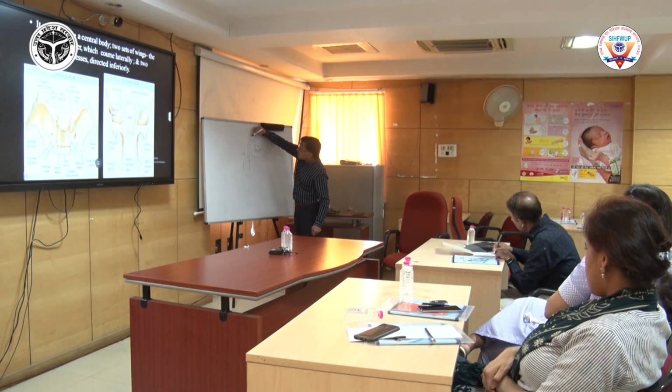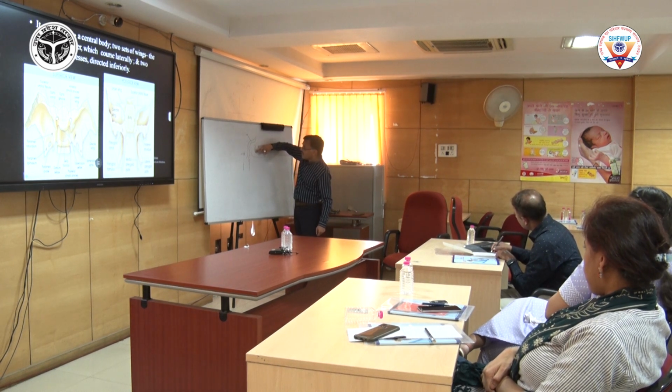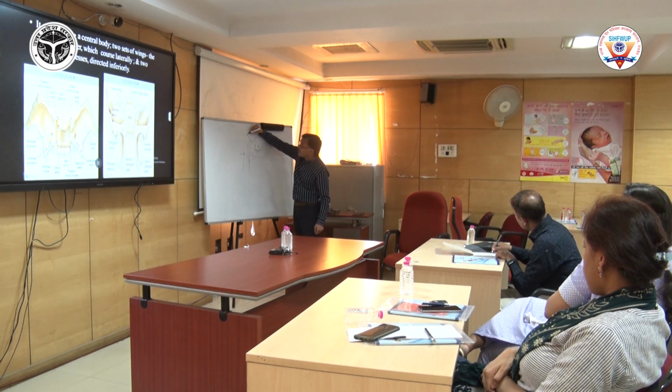So this is your paracellar, which is just adjacent to the pituitary gland, because this entity known as sella turcica. So this is your paracellar.